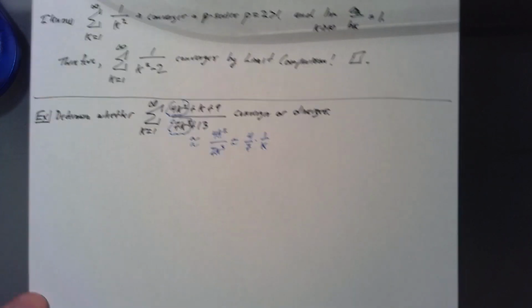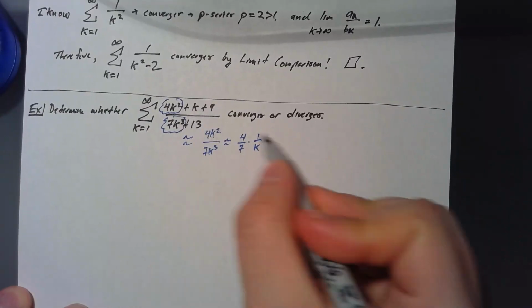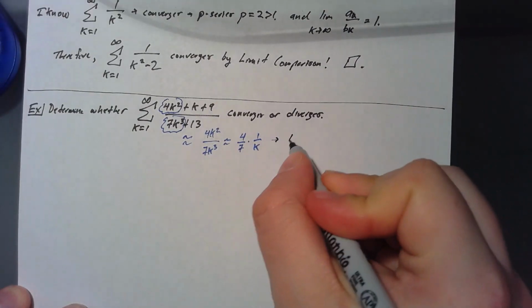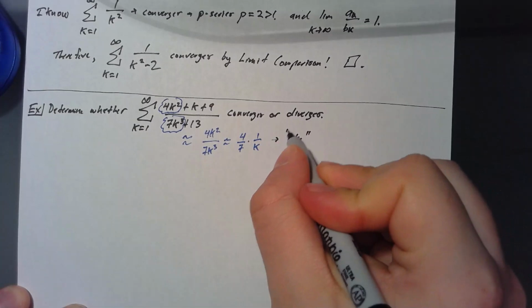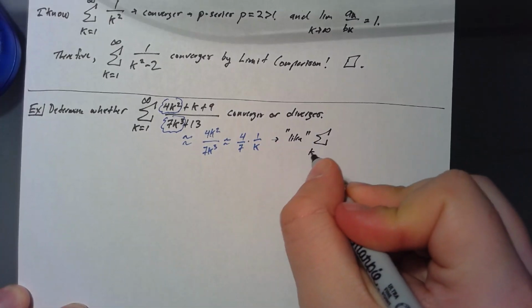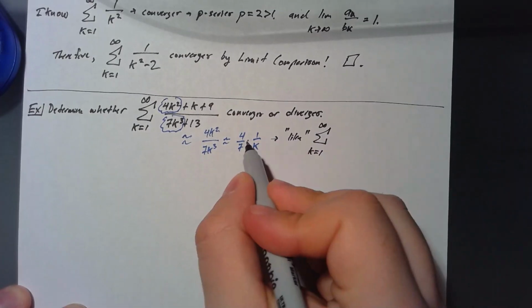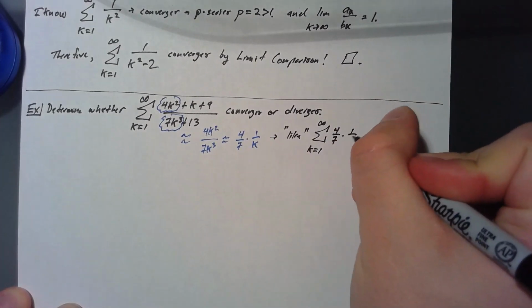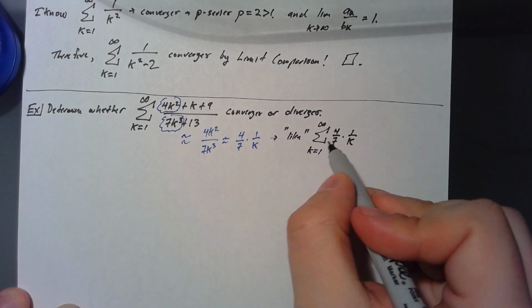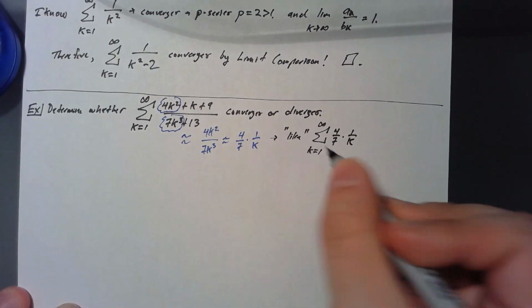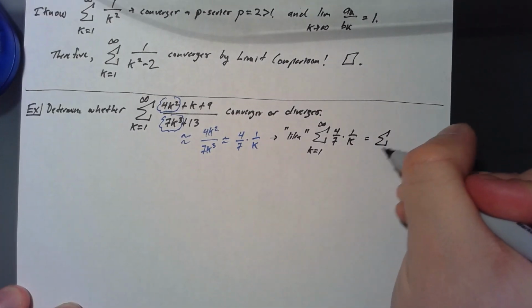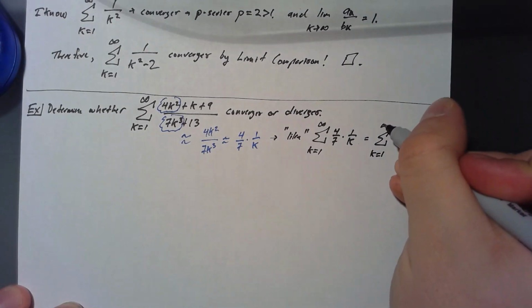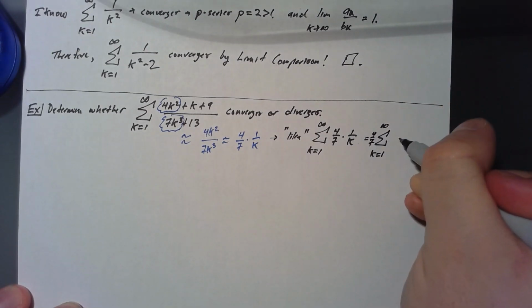So I could say this series is like 4 over 7k, or 4/7 times 1 over k. And remember about properties, you could bring this 4/7 out here, like this.